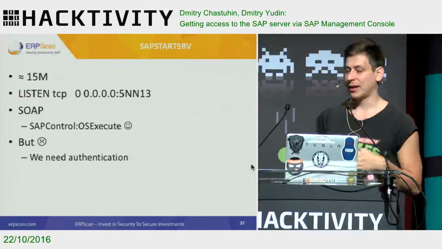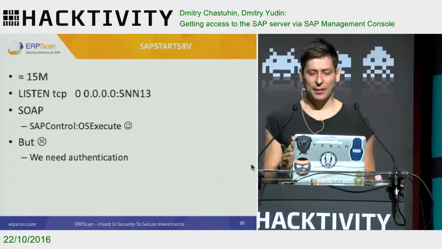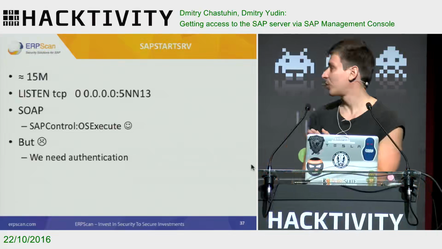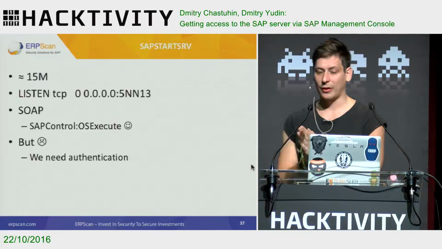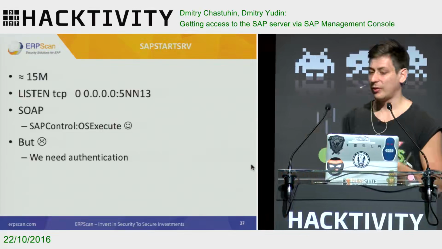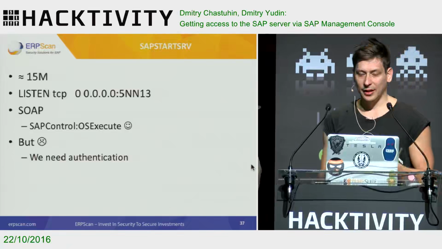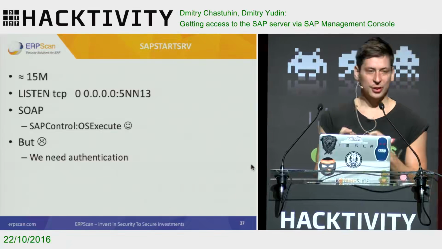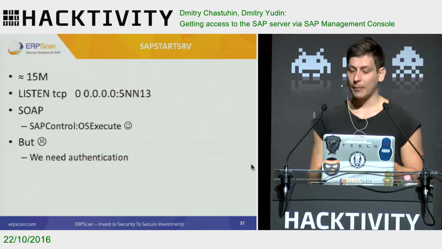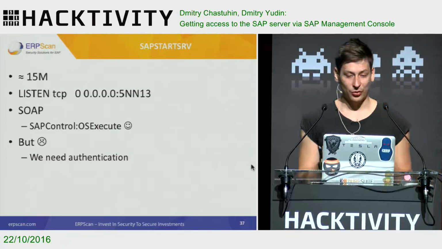SAP Start SRV has a size of 15 megabytes and uses port 50013, which can be accessed via HTTP requests. An interesting thing: this port is also available when the main SAP services are switched off.